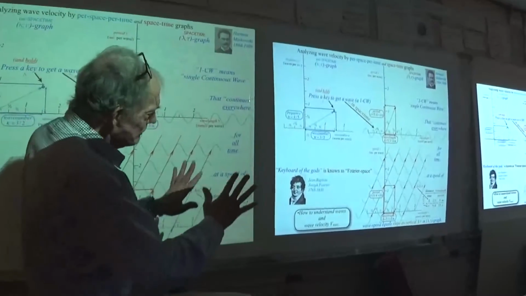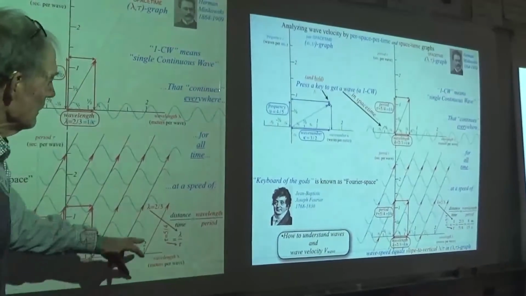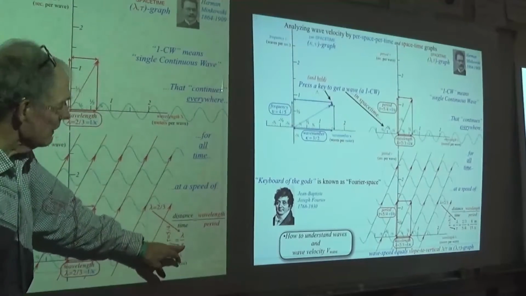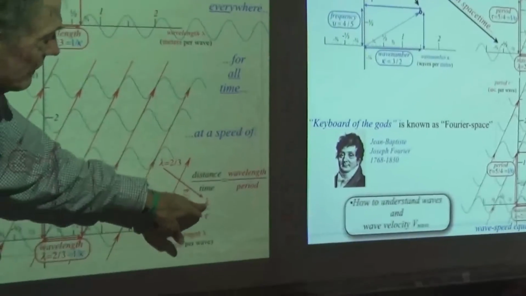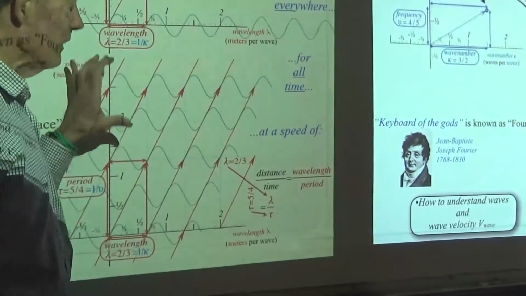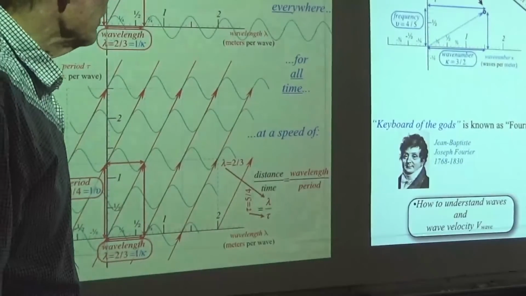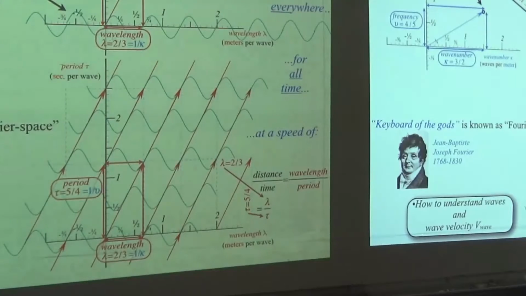Okay, and it's got a certain slope to it, and that slope is the ratio of the lambda to the time. It's just x over t, but lambda is the x of the wave, and this is the time of the wave. Okay, so that ratio right there, distance over time, wavelength over period, easy to remember, but should be in the deepest core of your relativity part of your brain.